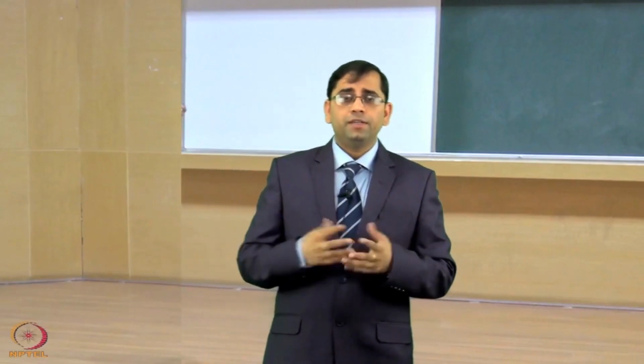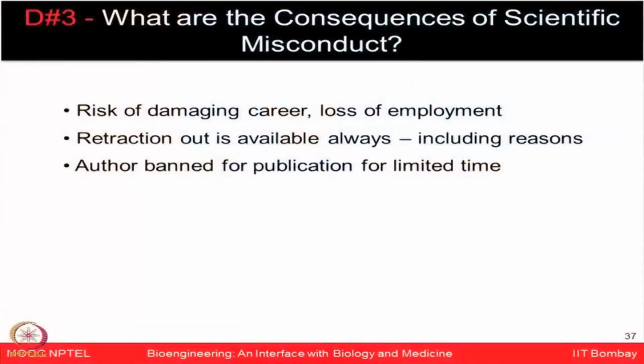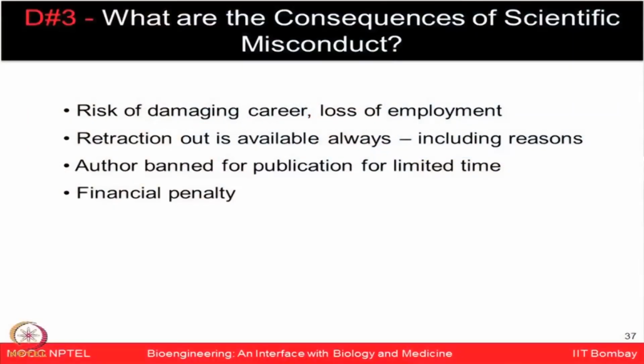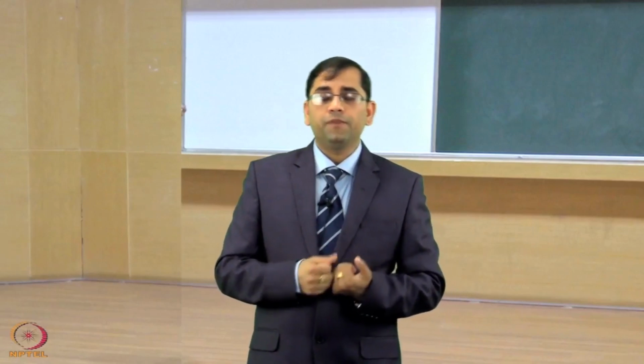Retractions are very detrimental to any researcher's career, because they are always published and out there, and the reasons for the misconduct are mentioned in that paper. Sometimes authors could even be banned from publishing for a limited time. In the cloning story, there were a lot of financial penalties, and in fact even imprisonment. So, you will face a lot of consequences if you commit scientific misconduct.